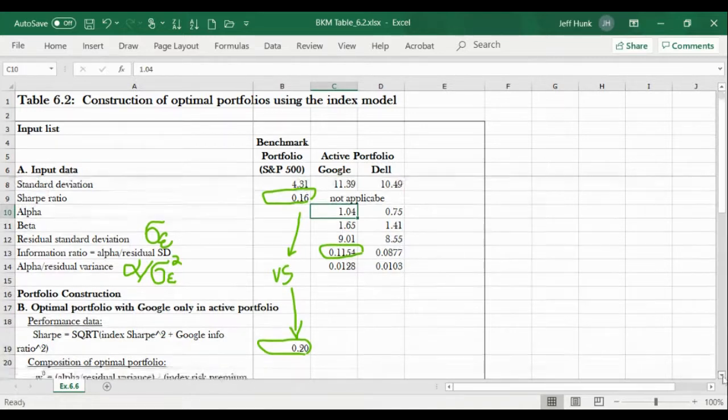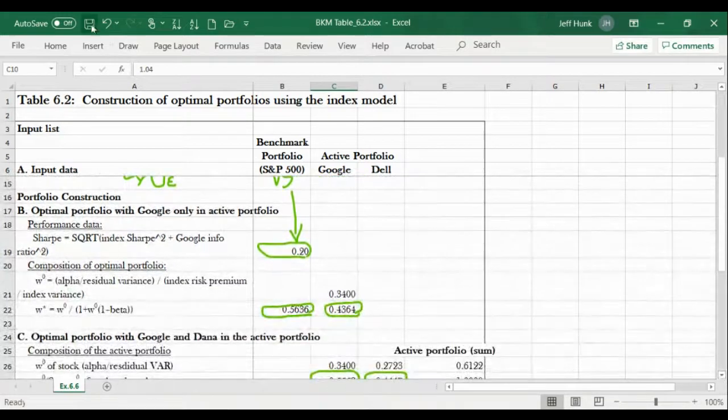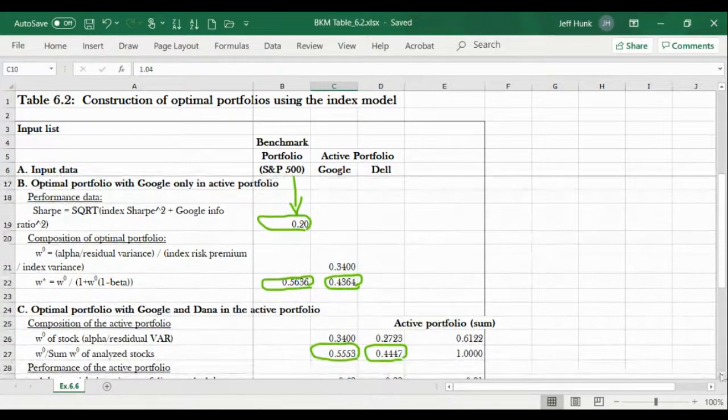Now, let's move on to panel B, which is the optimal risky portfolio with Google only in the active portfolio, right?